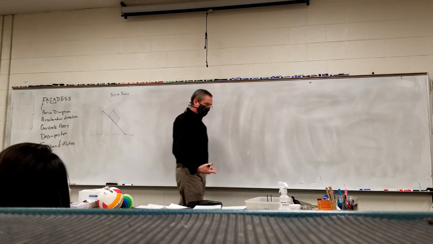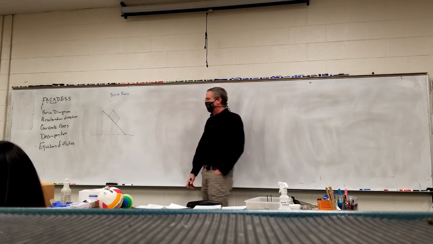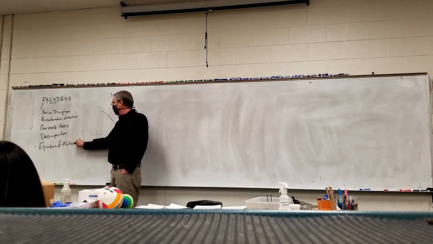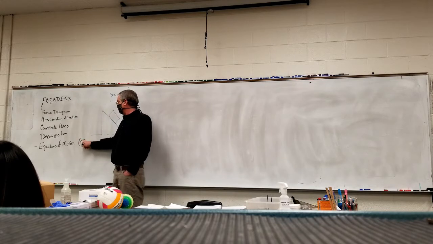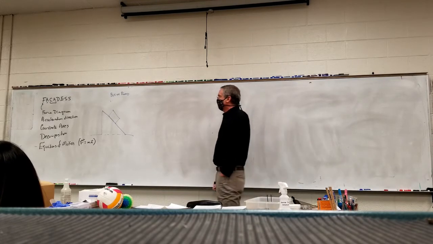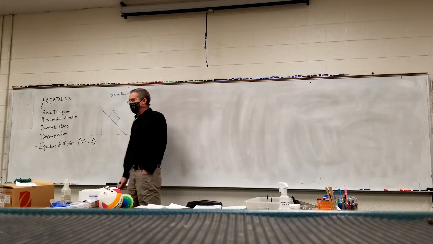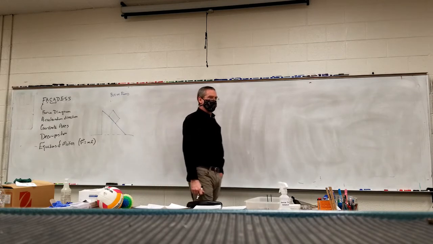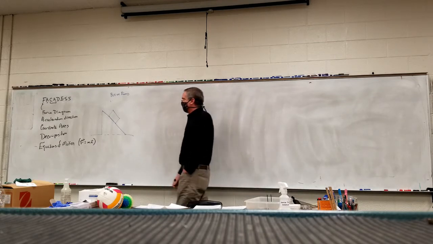We're going to come up with our equations to solve primarily for acceleration, based upon the template of F equals ma, Newton's second law: the total force is equal to mass times acceleration. The equations of motion is not a reference to the kinematic formulas. It's a reference to F equals ma.